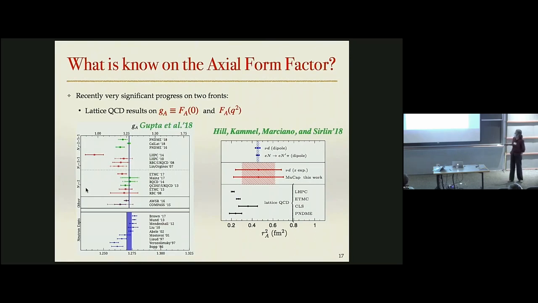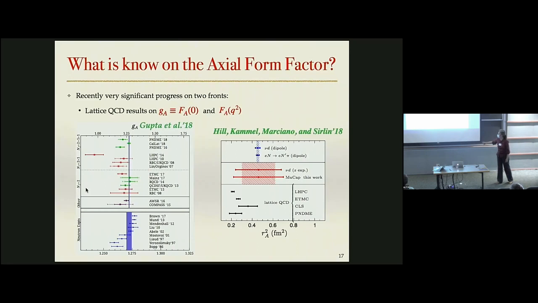Here I have maybe an older picture compared to what was presented, coming from a paper in 2018, where you see the determination on the lattice of this axial form factor at zero momentum transfer, this so-called GA. And you see that the lattice has made impressive progress, that they match the experimental precisions.